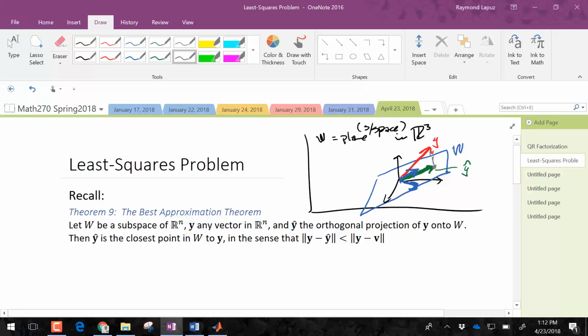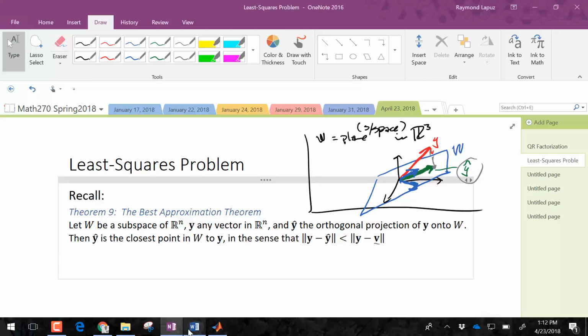Does that make sense? So that's what y hat is, and that's the relationship. What they're saying here is that for any other vector v in W, the distance will always be bigger. That's the best approximation theorem.